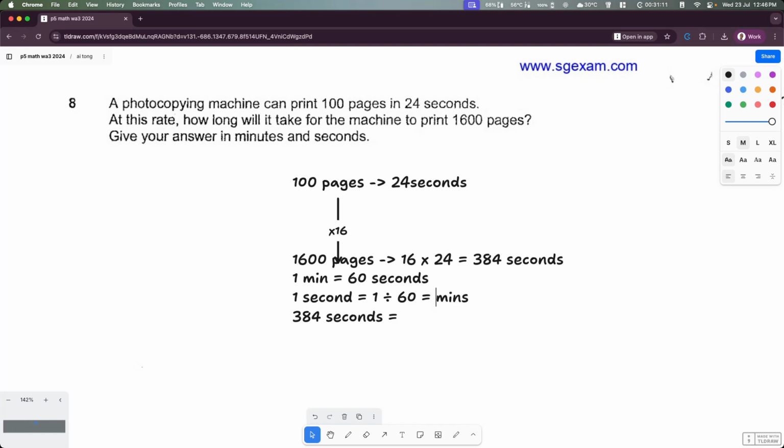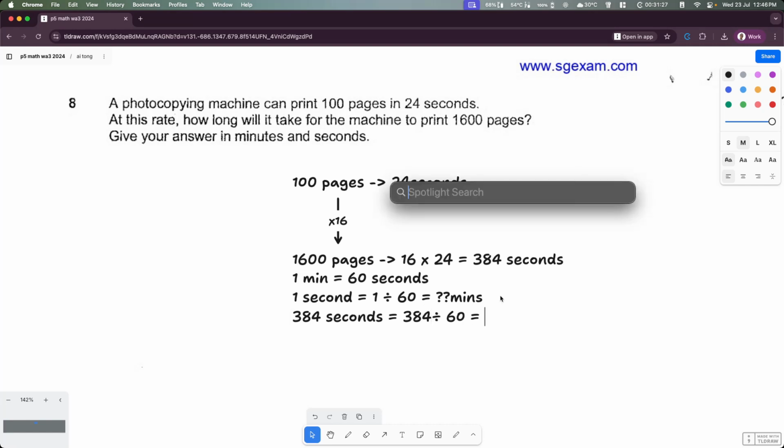So in this case, we want to get 384 seconds. So that means we want to have 384 divided by 60 to become minutes, right?